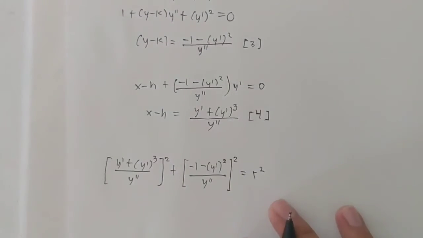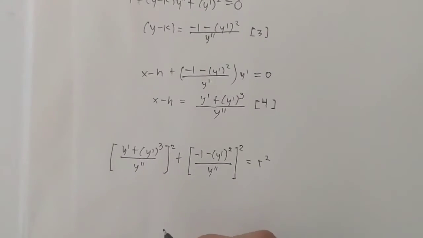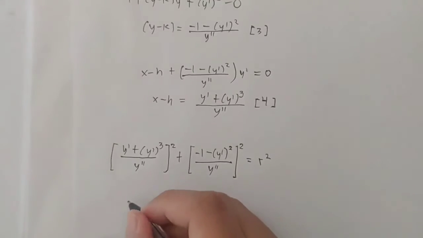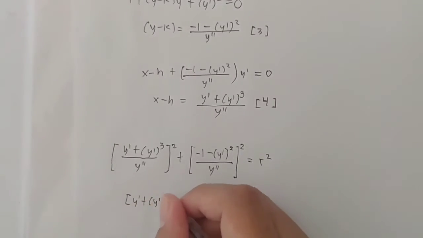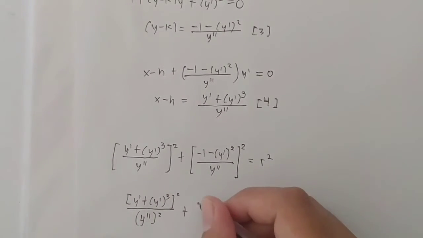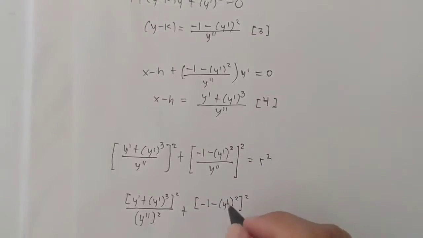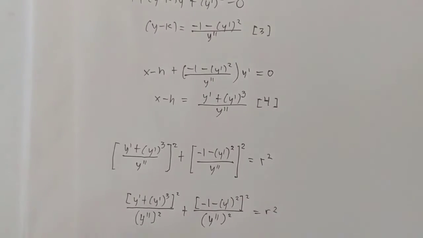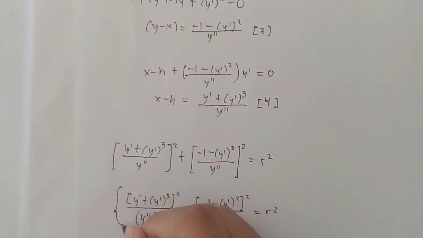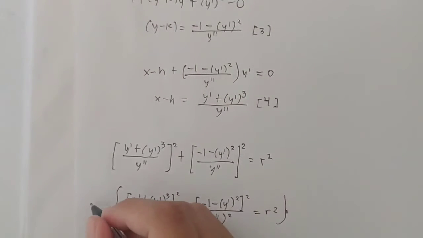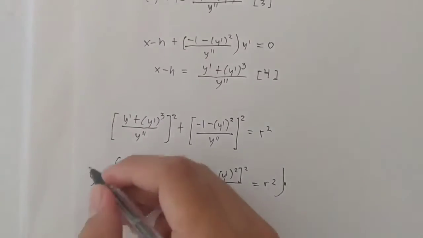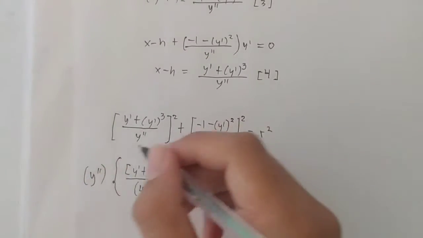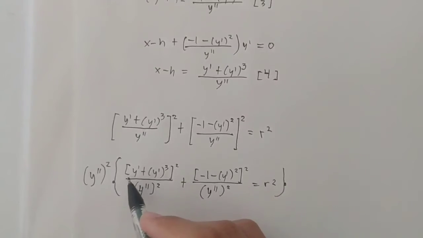we can distribute the exponent to the numerator and the denominator. So this will become, and we can multiply the whole equation by y double prime squared. Also, we can expand this numerator.